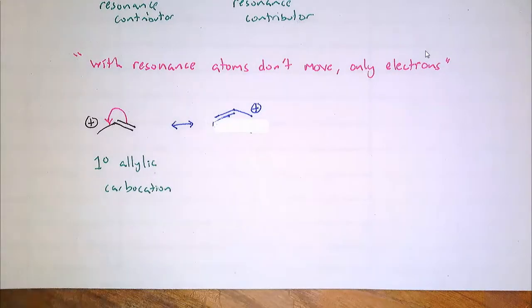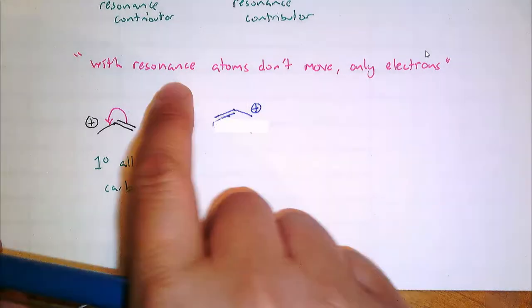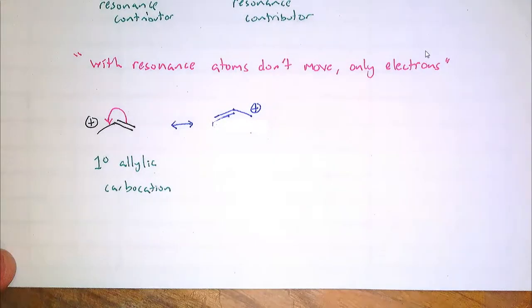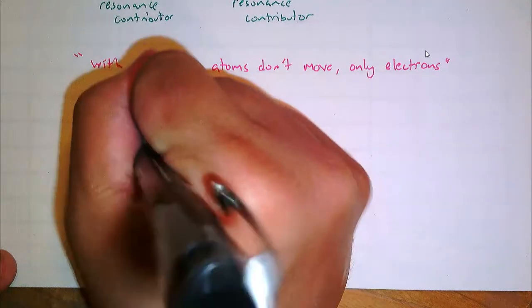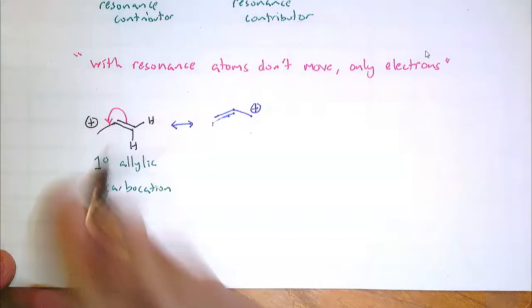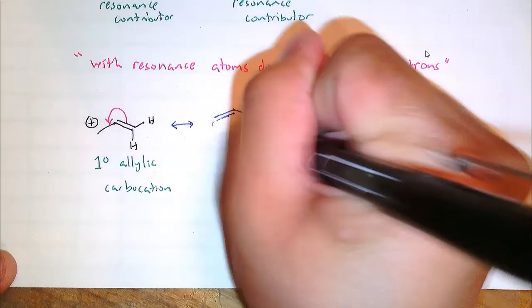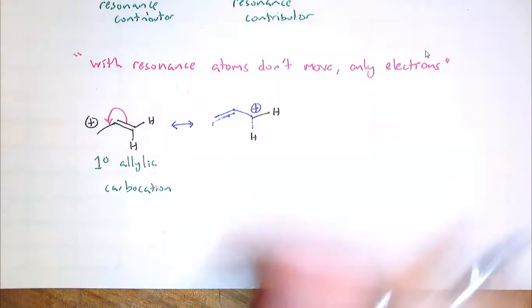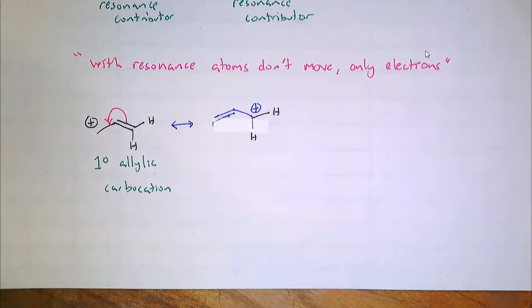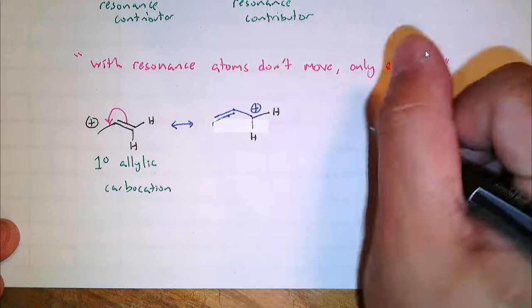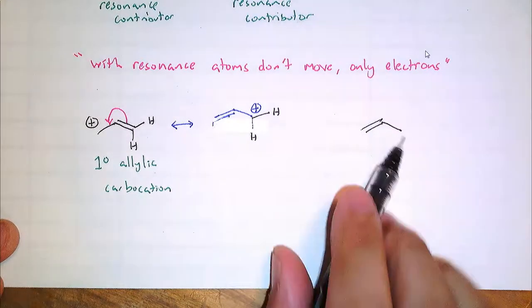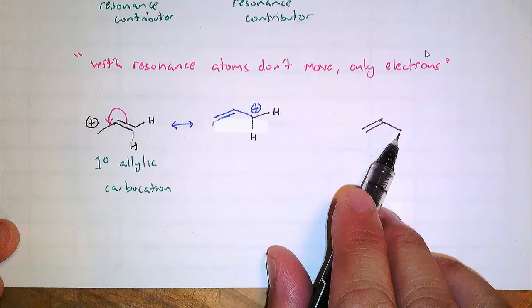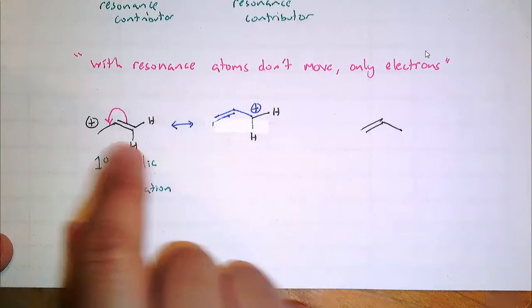But you got to remember, atoms don't move. So if there were 2 hydrogens here, in resonance, there better still be 2 hydrogens here. That's tricky, because again, you are trained to automatically think that when you see a structure like this, there are 3 hydrogens there. But they're not when we draw this resonance because atoms don't move.